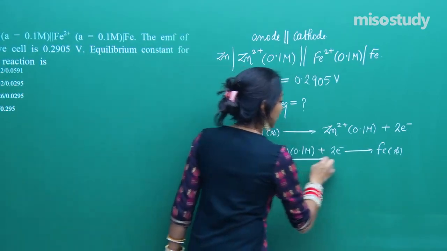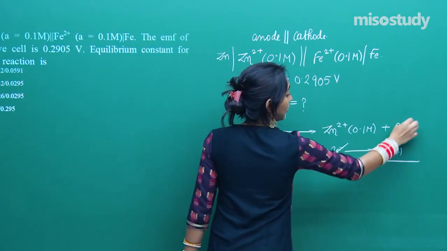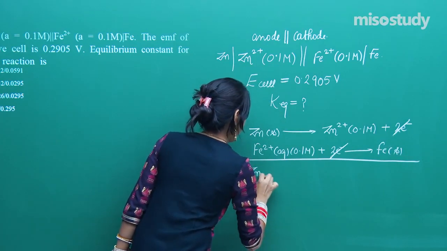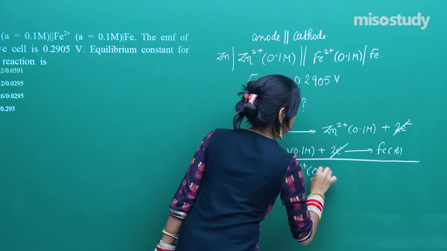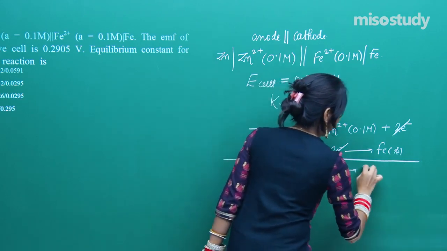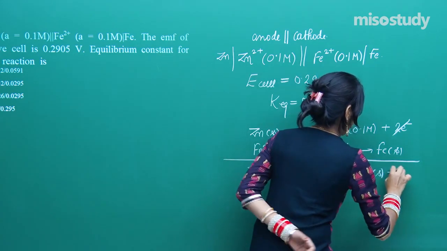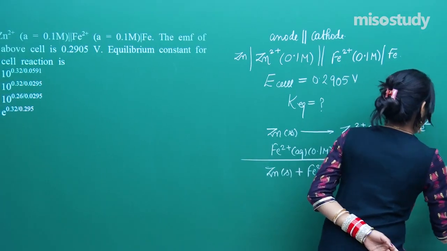Now do the overall calculation. So 2 electrons get cancelled. You will have zinc solid plus Fe2+ 0.1 molar going to form Fe solid plus Zn2+, which is 0.1 molar, right?